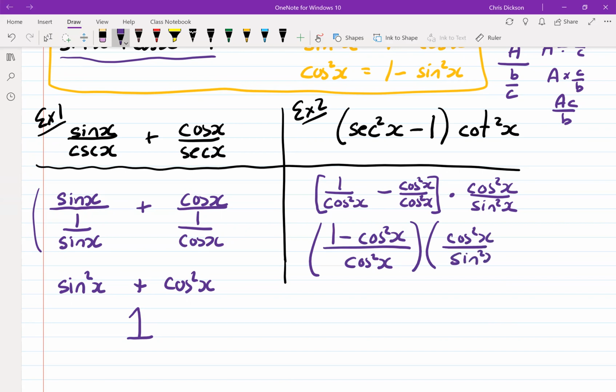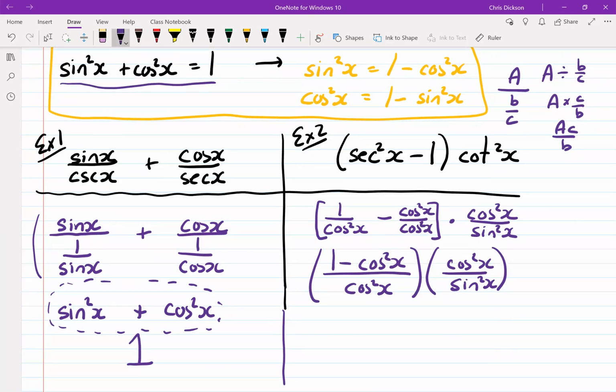And you might be able to sort of see what's about to happen here. But once again, it's kind of new, so maybe you're not seeing it right now. Now, if I look at example number 1, I used the Pythagorean identity at this stage to get to 1. If you notice, we actually have the Pythagorean identity in the first fraction. We have 1 minus cos squared of x, so that equals sine squared of x over cos squared of x.